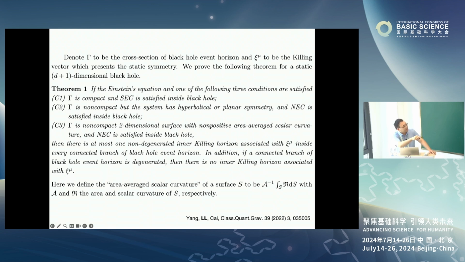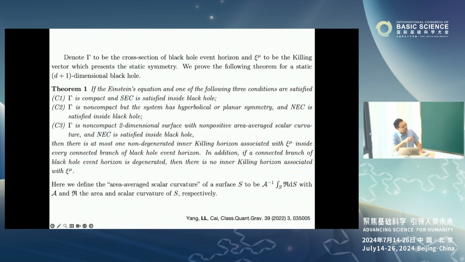So there are three cases. The first case is gamma is compact, like a spherical or compact surface. We don't need any spherical symmetry, just that gamma is compact and the strong energy condition is satisfied inside the black hole. The second one, if gamma is non-compact, like planar or hyperbolic, and has hyperbolic or planar symmetry, and the null energy condition is satisfied inside the black hole.